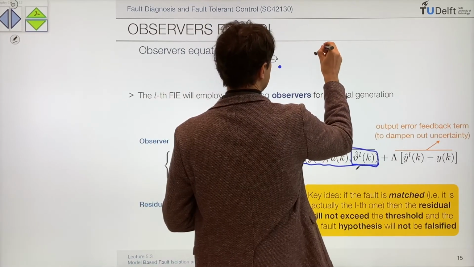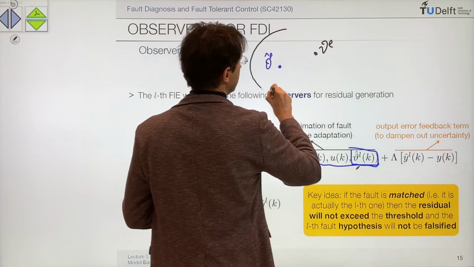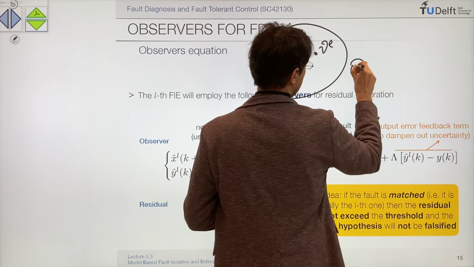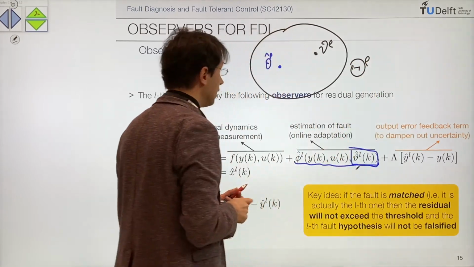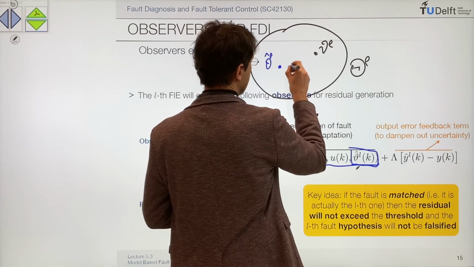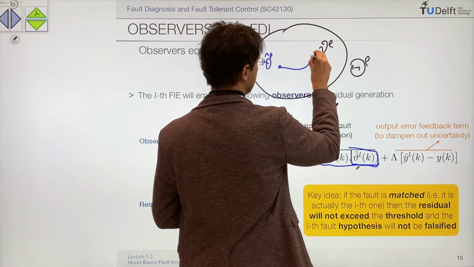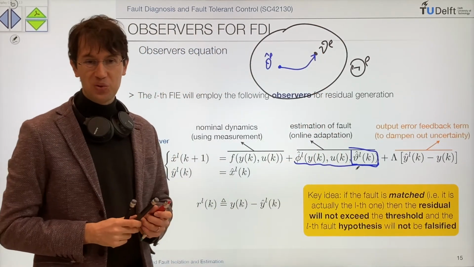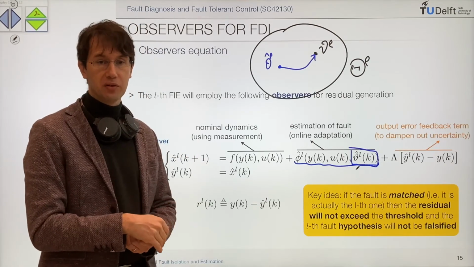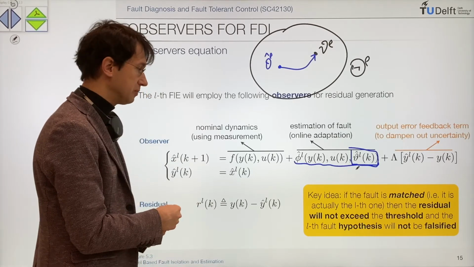Somewhere there is the true value of theta L. Both of them should be inside a big set that is this one by assumption. And if everything is going right, we start from here and we end up here. So if we can do that, we obtain as a result that we estimate the fault magnitude. So this is what we want to do.